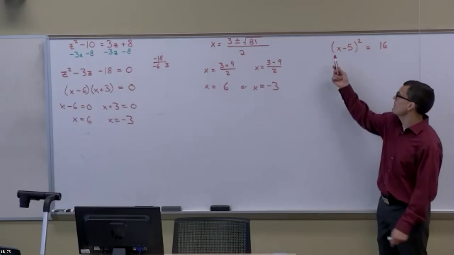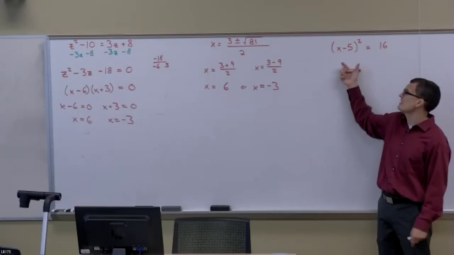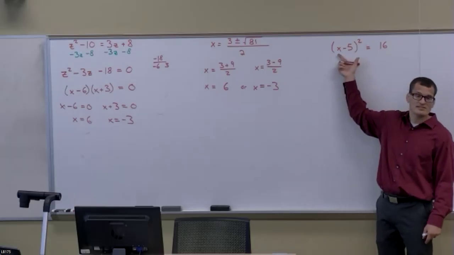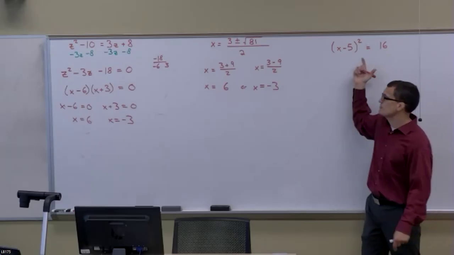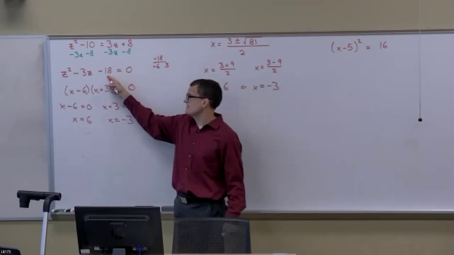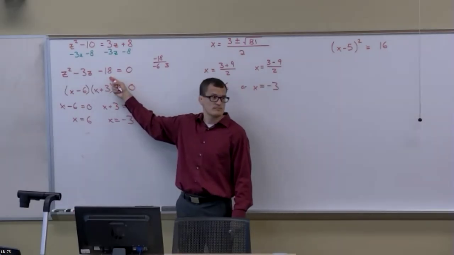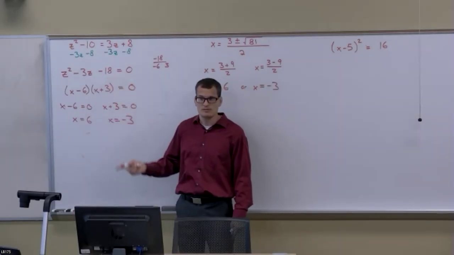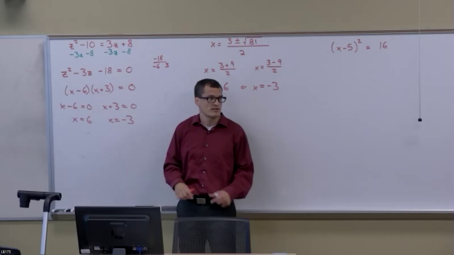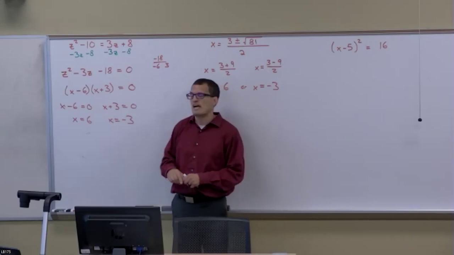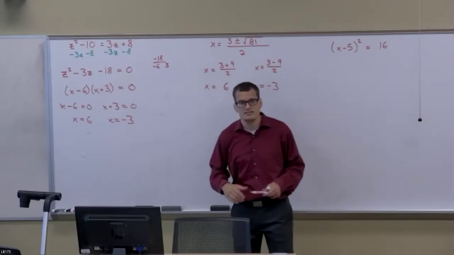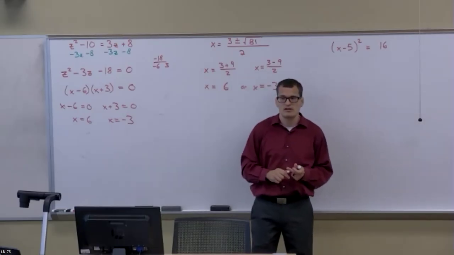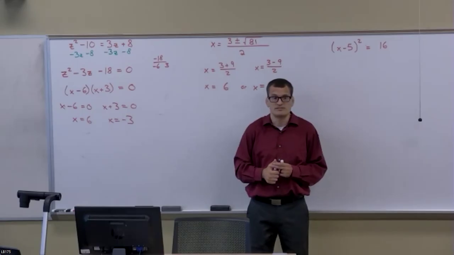If I have an equation that already has a squared in it, it's going to be a lot quicker to use the square root property than to try to make it into something that looks like this form and then use the quadratic formula. All right. So the advantage of factoring and the square root property is that in the circumstances where they work, they're a lot quicker.